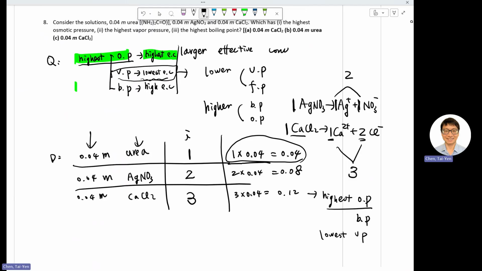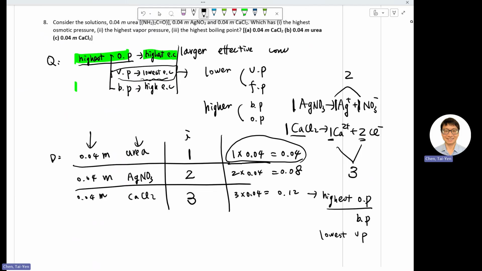The i, what is that again? The van 't Hoff coefficient indicates the total number of solute particles. Here, for the AgNO3, you originally throw in one molecule, but once you throw it in, that molecule breaks apart.